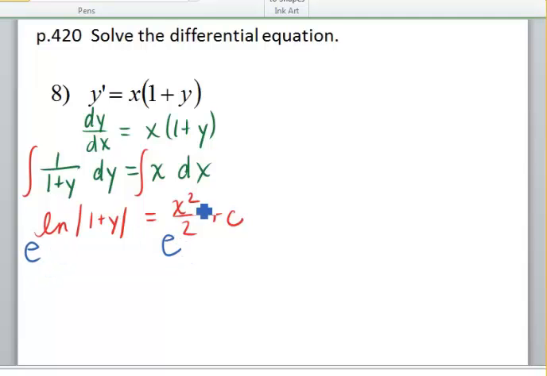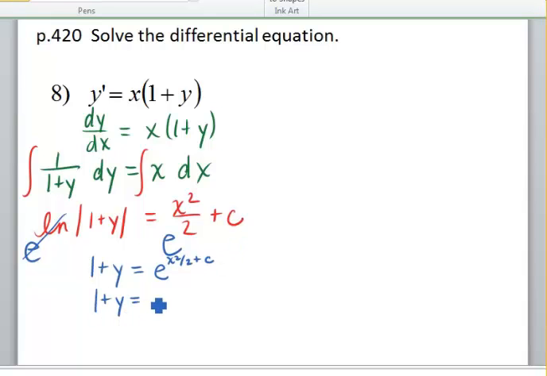What I'm doing is I'm actually taking e to this power equals e to this power. That eliminates the ln and leaves me with 1 plus y. Why do we do this? Because most of our equations, if they can, they will solve for y and get y by itself. So I get 1 plus y equals e to the x squared over 2 plus c.